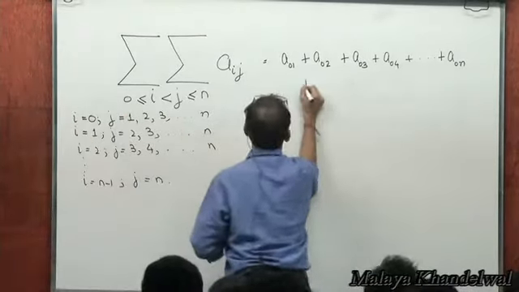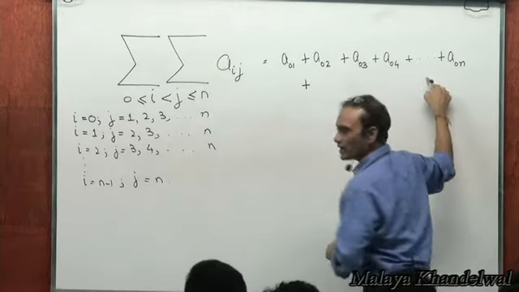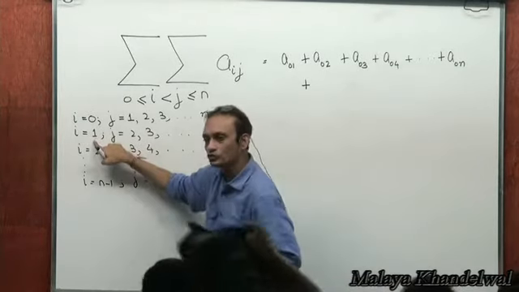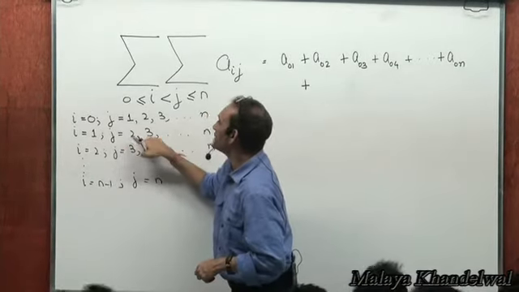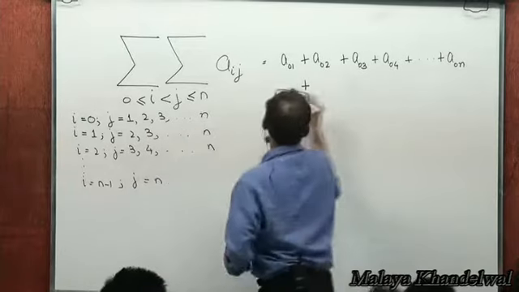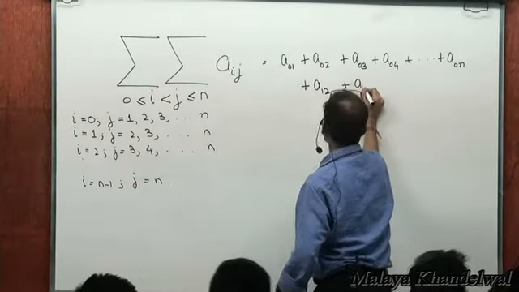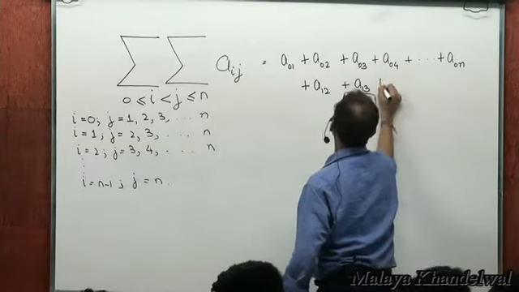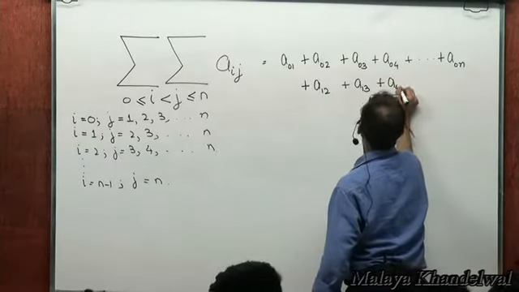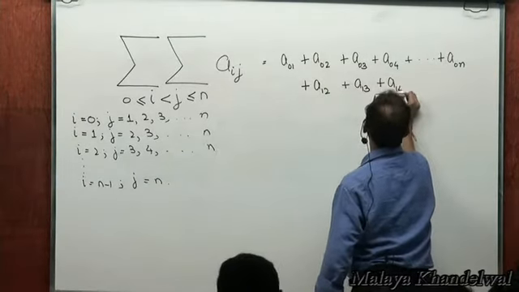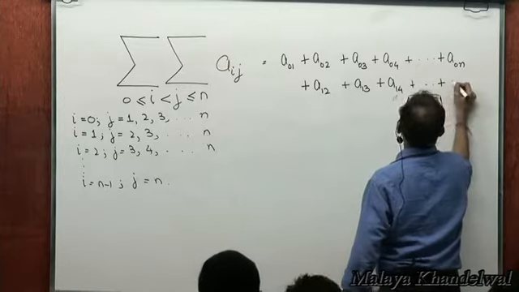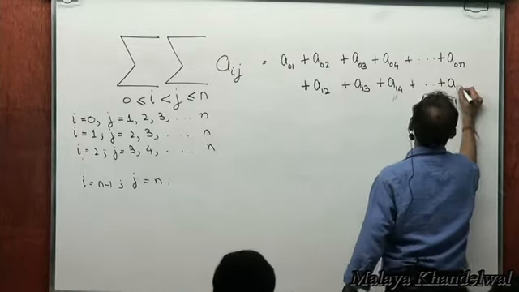Plus. Now, this is for i equal to 0. Now i equal to 1. When i is 1, j will start from 2 onwards. So when i is 1, j will be 2. When i is 1, j could also be 3, also 4, also n.